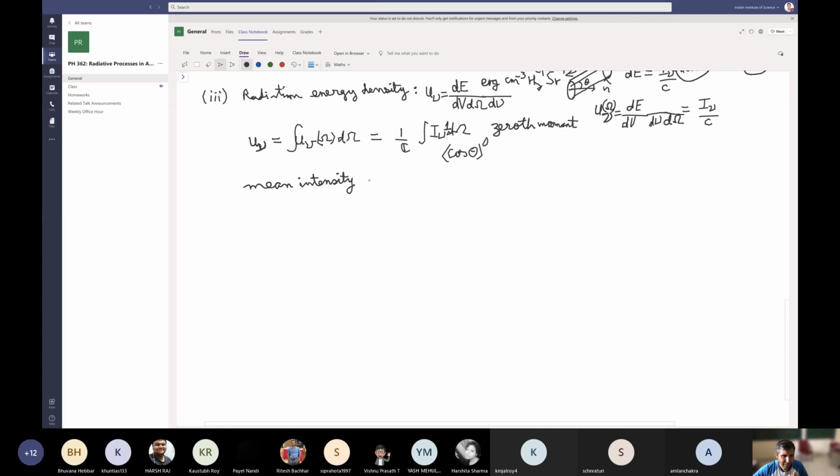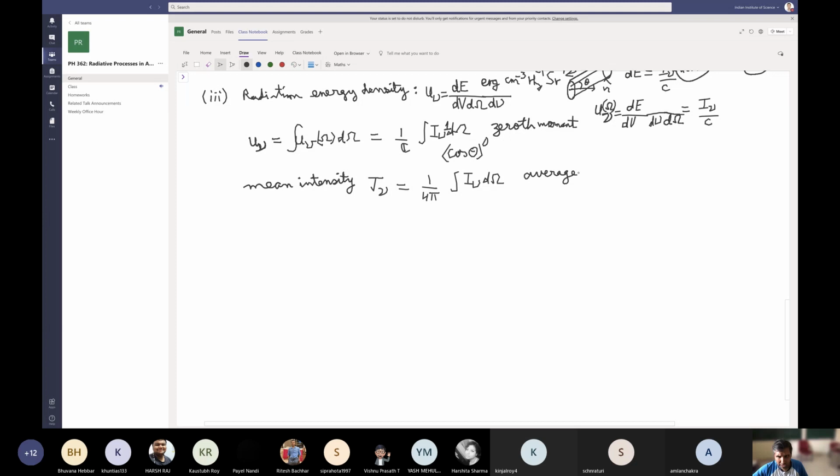Once that is clear, things are pretty straightforward. So mean intensity, which is represented by capital J nu, is nothing but 1 by 4 pi integral I nu d omega, right? So this is like an average.